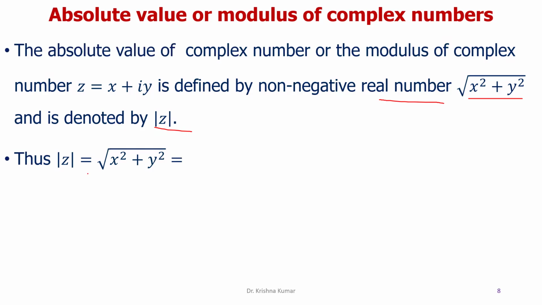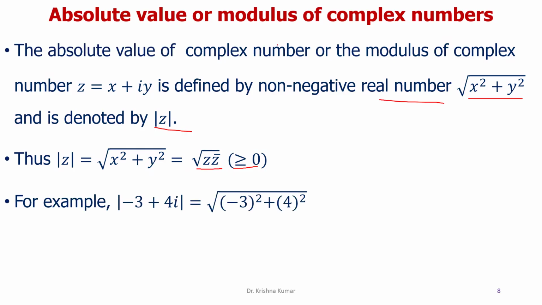Thus, mod of z equal to root over x square plus y square, which can also be written as root over z into conjugate of z, which is always greater than or equal to 0. So this is called absolute value or modulus of a complex number.